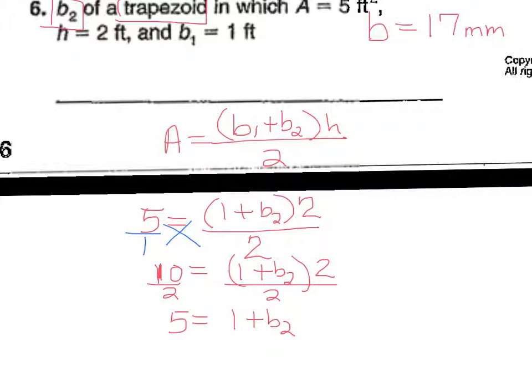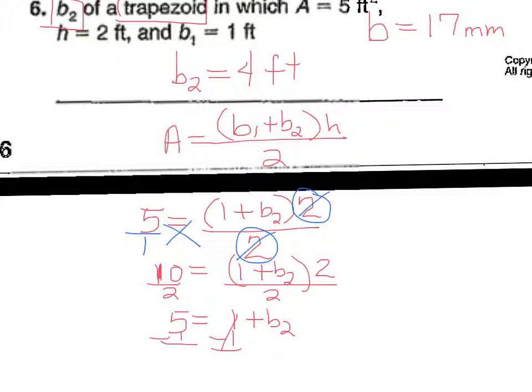And I just want to point out something here. Do you notice that you have a 2 dividing and a 2 multiplying? You could just cancel that, and that would give you what I have in that step. So for future reference, something that you can do. Now, to leave the b sub 2, what do I do? Subtract. So 5 minus 1. So b sub 2 is 4, and don't forget the unit of measure, which is feet.